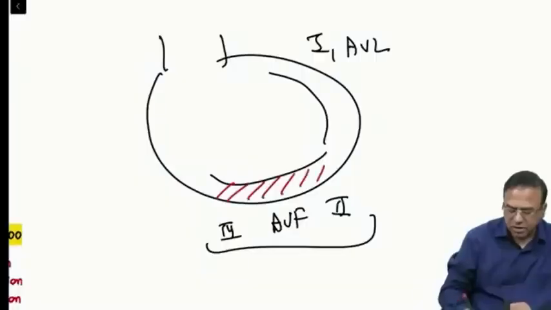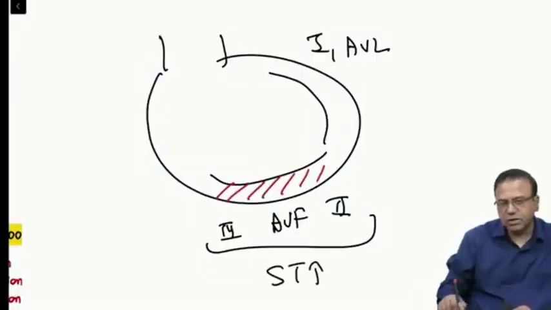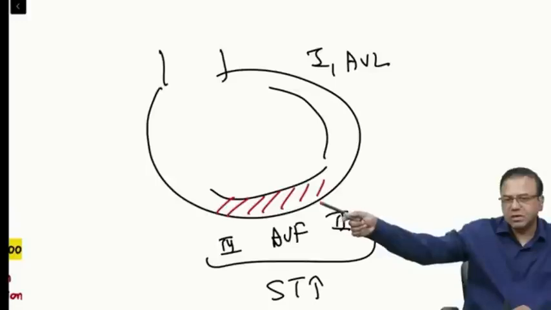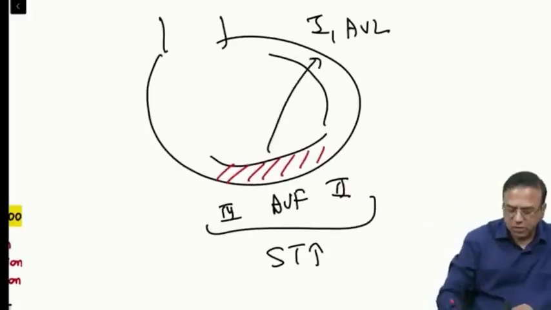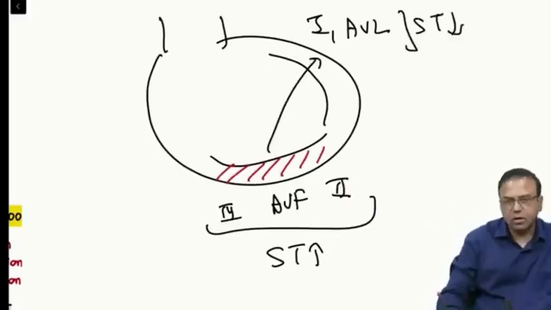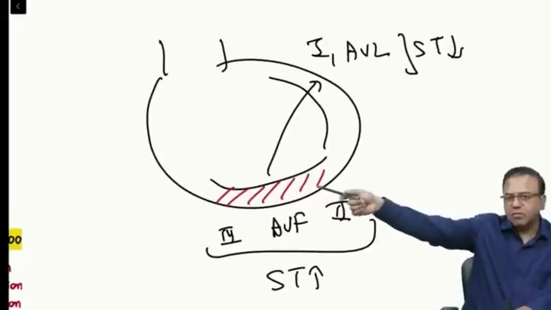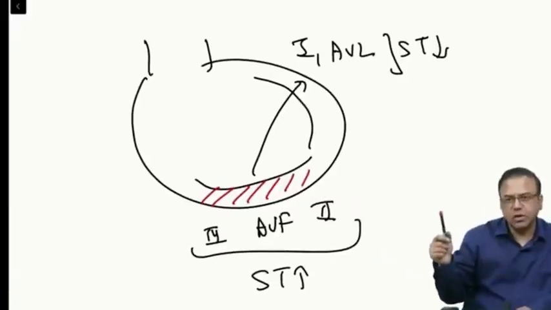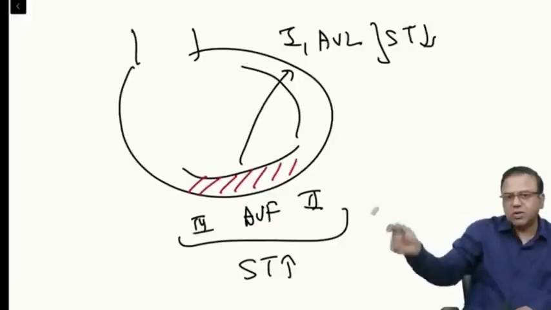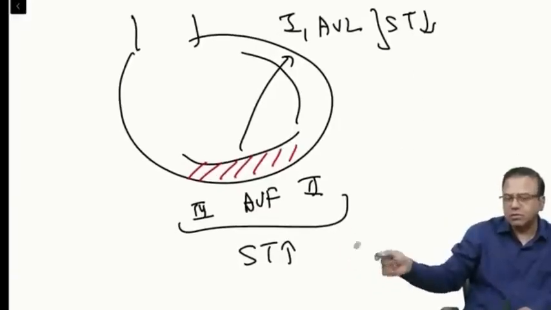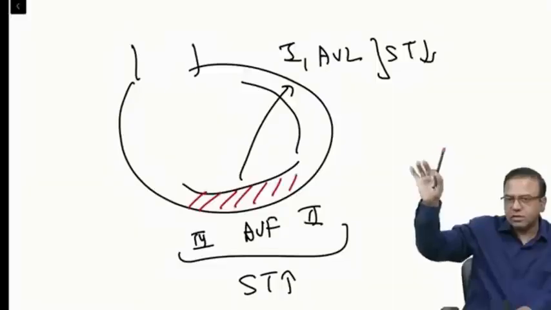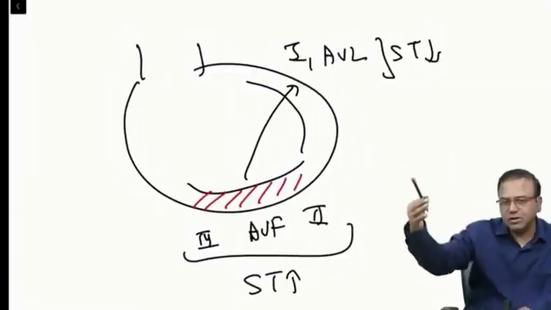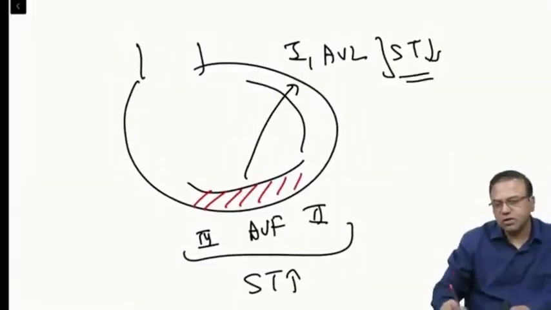If an area is infarcted, the leads in front of it will show ST elevation. Whichever leads show ST elevation, the area in front of it is damaged. The opposite leads will show reciprocal ST depression. The leads from above are seeing from the opposite direction, so they show reciprocal ST depression. The same ECG shows ST depression and ST elevation. Whenever ST elevation comes, the ST depression has no value for us. It's a mirror image seen by the opposite leads. This is what we call reciprocal change, and it does not have any localizing power.